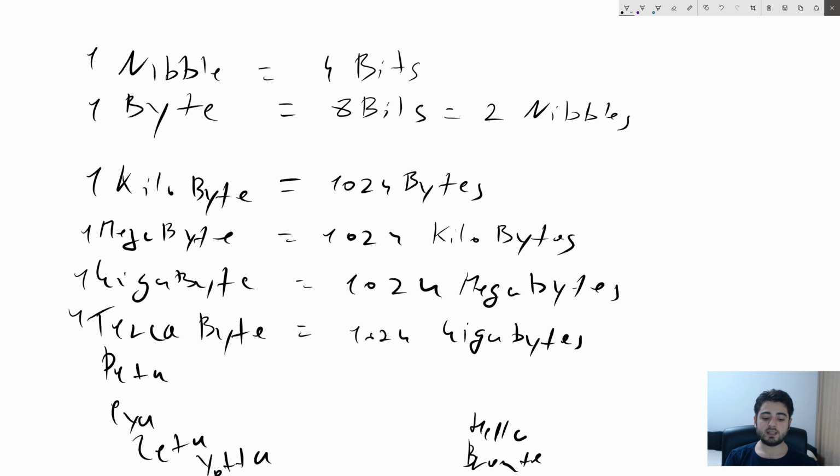So it's been estimated that Google has somewhere between 10 and 15 exabytes, which is 1,024 petabytes, which is 1,024 times 1,024 terabytes. I think I said it right.